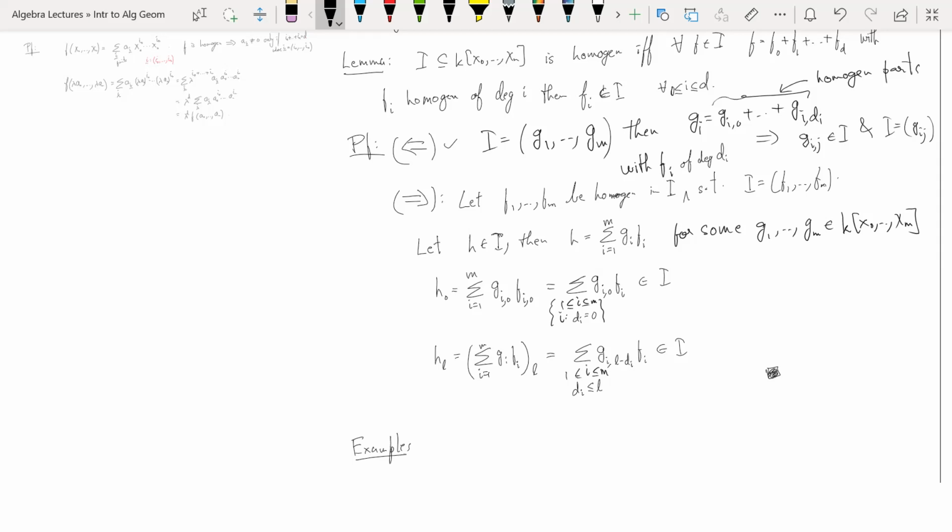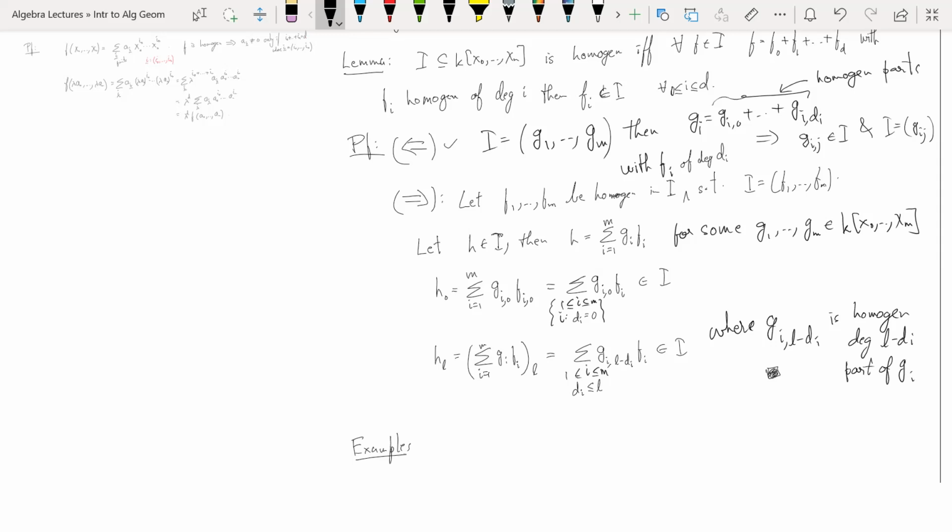So maybe I should write here, in this line itself, where G_i,L-d_i is the homogeneous degree L minus d_i part of G_i.